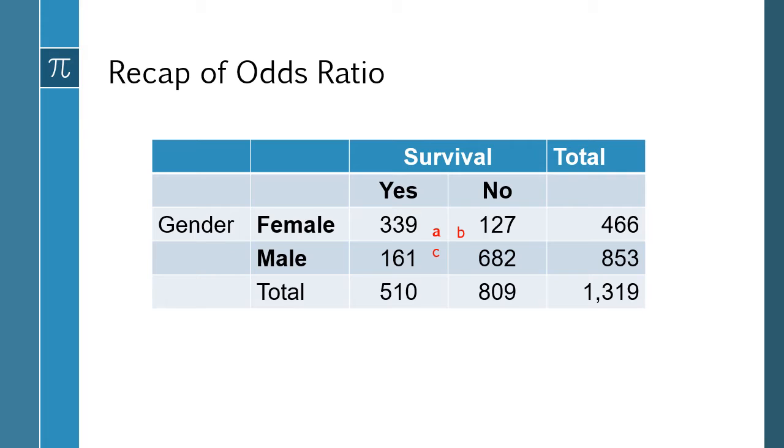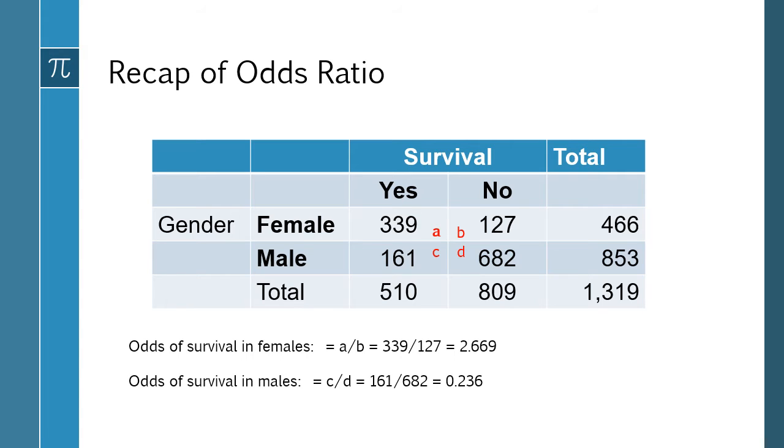The C cell, male and survived yes, and then the D cell, males and did not survive. So first, we're going to show how to calculate the odds of survival among females. The odds of survival among females is A over B, and that's 339 over 127, and that gives you 2.669.